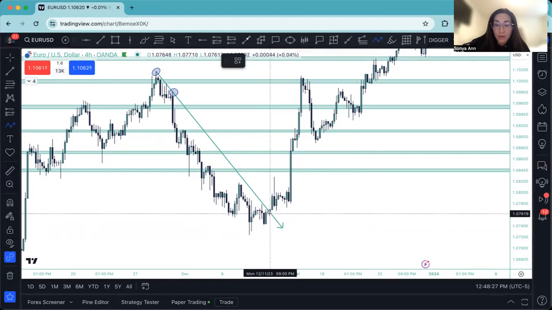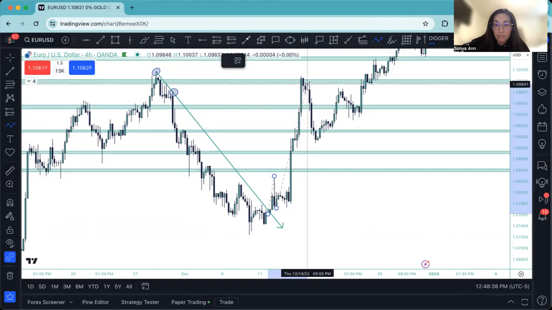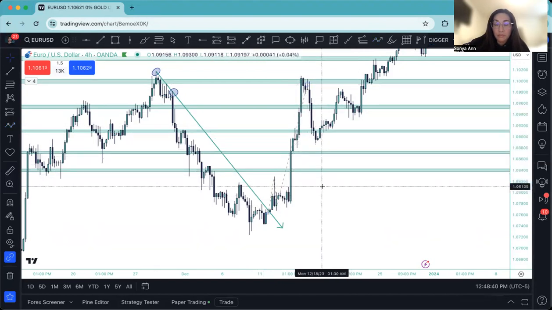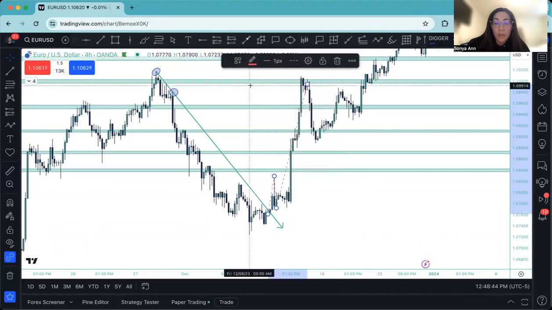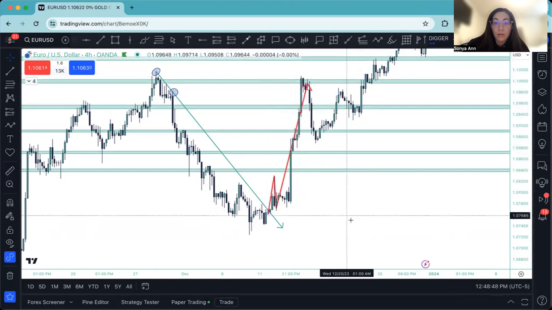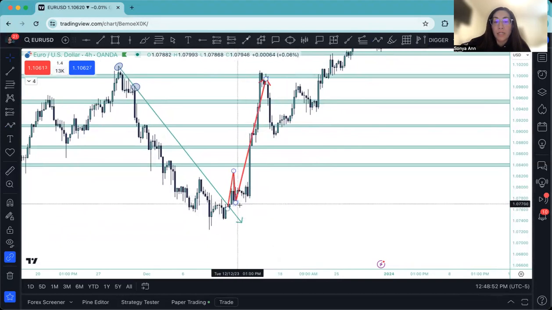Do you see how there's that green bar right there? That broke, came up, retested, and then it shot up. Just like that. Let me darken this. And so that's pretty much what break and retest is.